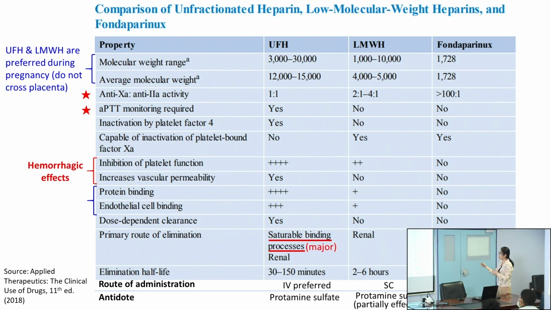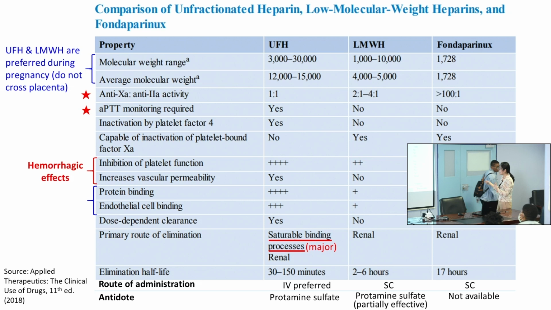And when they bind to them, there will be enzymes in charge of degrading the unfractionated heparin. So their elimination mechanism is different. Okay, and for the half-life, unfractionated heparin has a shorter half-life. And for the route of administration, this is also important. For unfractionated heparin, usually we give it by IV. IV is preferred.